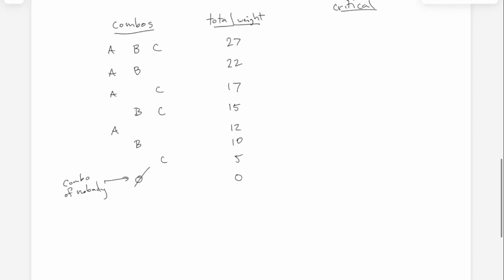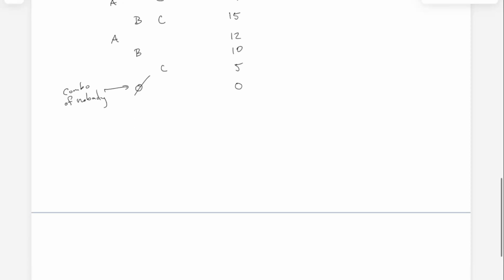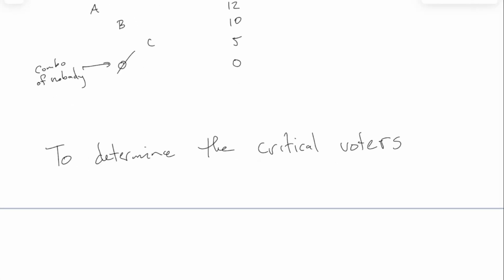I want to talk a little bit down here about how you figure out the critical voters, and then we'll come back and fill them in. So, to determine the critical voter, you have to go down the chart, and in each row, you figure out who are the critical voters.